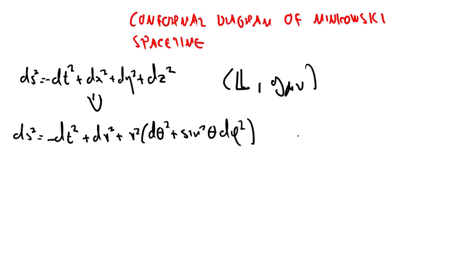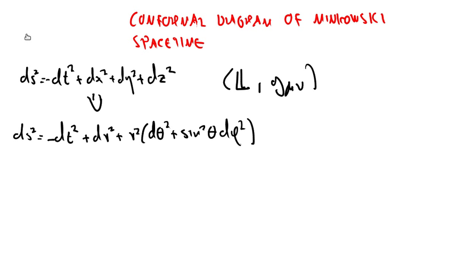And so we have to find a conformal embedding of Minkowski spacetime in something bigger. Okay, how are we going to do that? Well, to do that, we are going to perform a number of coordinate transformations to this metric in order to bring it to a convenient form.